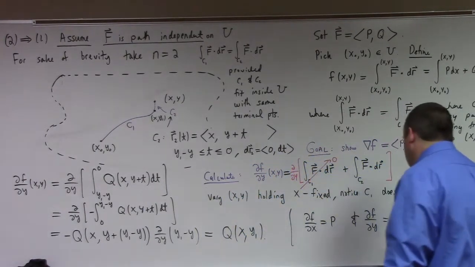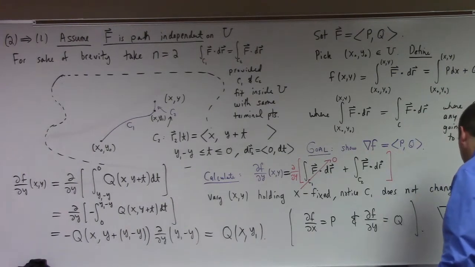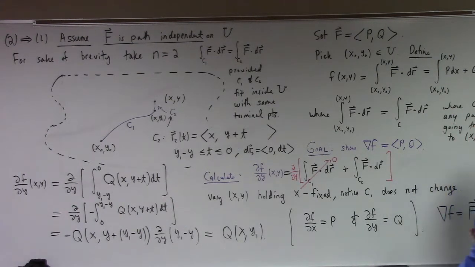And in so doing, you have proved that the gradient of little f is equal to the given vector field F. And this argument I'm trying to sketch still works in 3 dimensions, because you can still take a little path that approaches the point you're interested in, and then just becomes purely in the x direction, or purely in the y direction, or purely in the z direction, close to the point. And then by this argument that I've almost given you, you can prove that the gradient of the so constructed function is in fact the vector field.